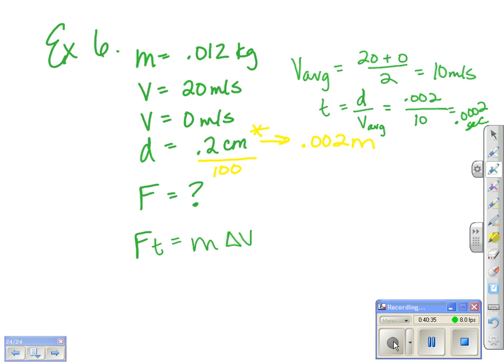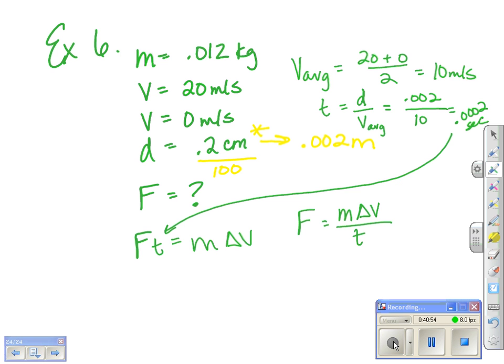If that's the case, we now have time. To solve for force, using our formula, we say our mass times our velocity change. What was our velocity change? It was a positive 20. Our change in velocity divided by time.